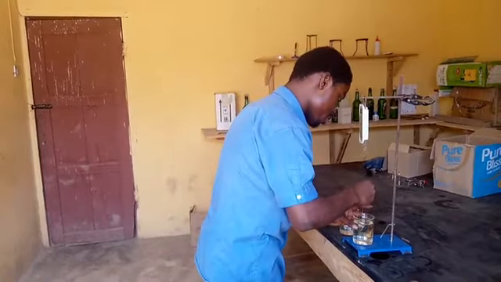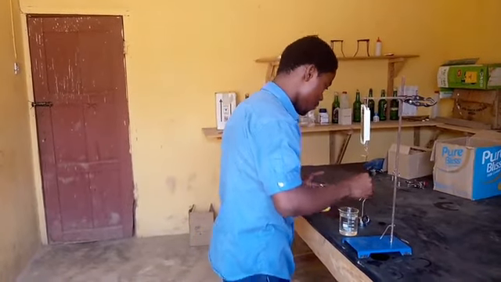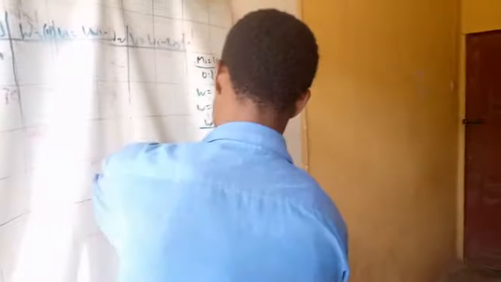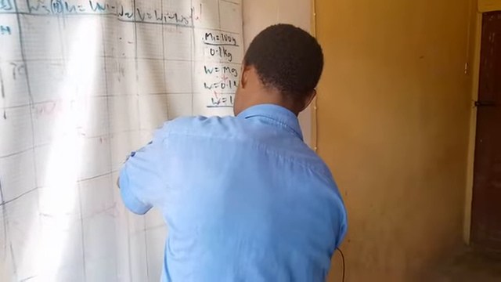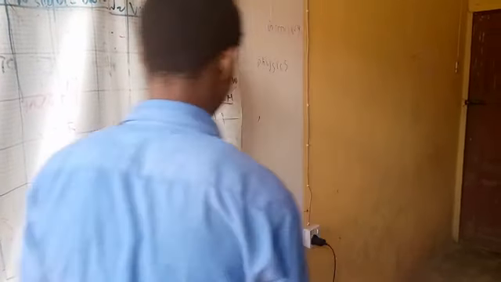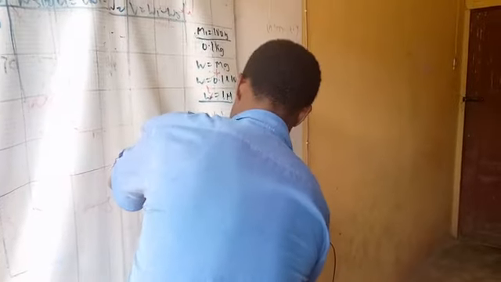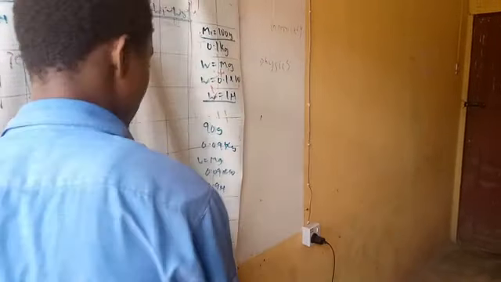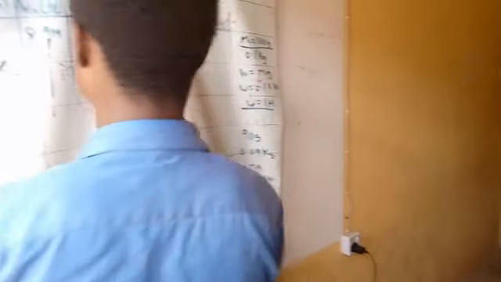So we have 95 grams. 95 grams divided by 1000, that's 0.095. Then multiply by 10, that's 0.95.